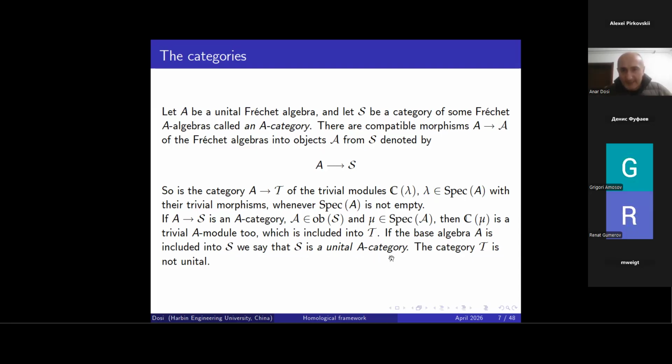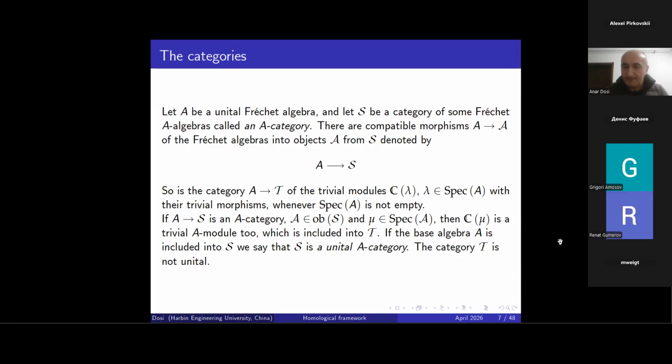If the base algebra included itself into S, we say that S is a unital A category. For example, this category of just trivial modules is not unital, right? A is not in T, which just consists of trivial modules.